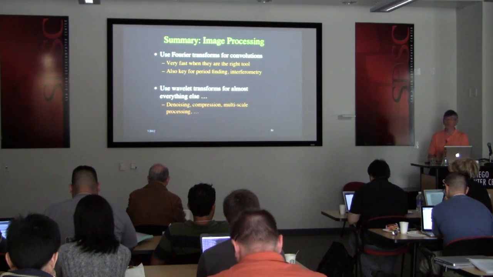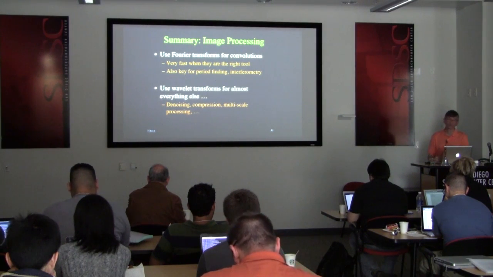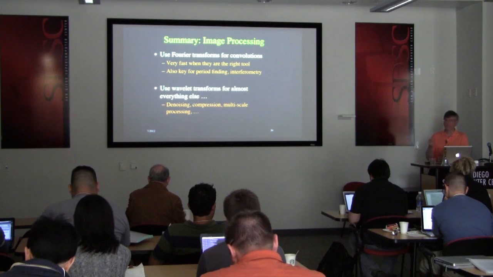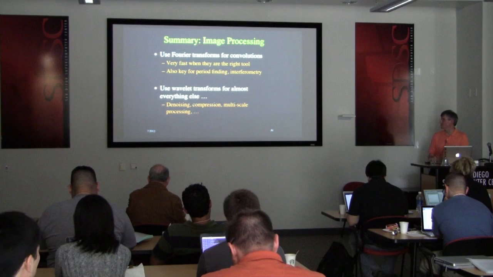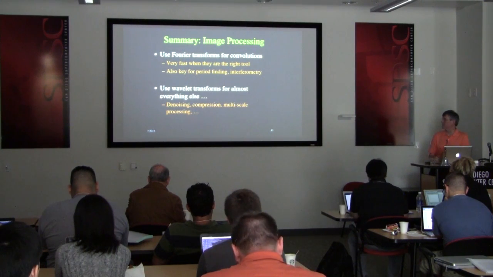They're obviously key tools for interferometry, where you're making measurements of the Fourier transform of the object, so you have to be using Fourier transforms to create an image. They're also key for period finding. If you're looking for periodic signals, Fourier transforms are the right things to be using. But you should use wavelet transforms for essentially everything else: denoising, compression, multi-scale processing. They have a bazillion applications.